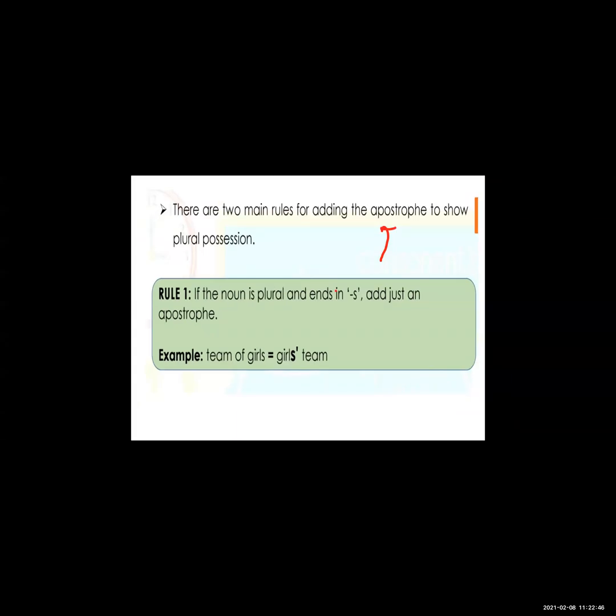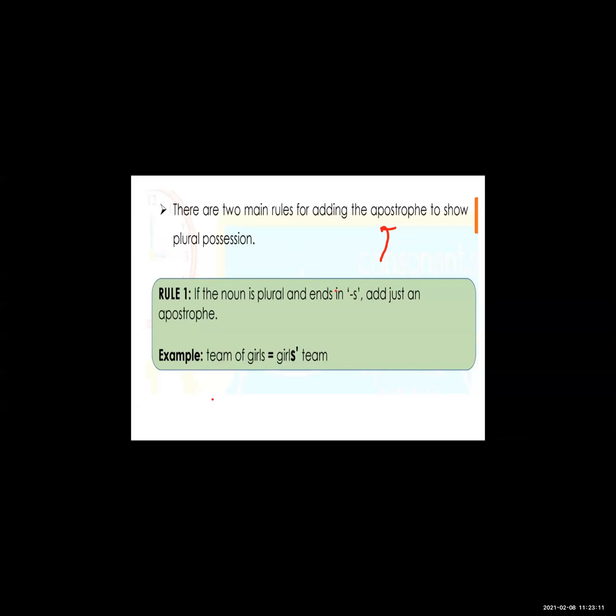See, there are two main rules for adding the apostrophe to show the plural possession. If the noun is plural and ends in s, add just an apostrophe. You have to add only apostrophe, not s, with the plural noun.